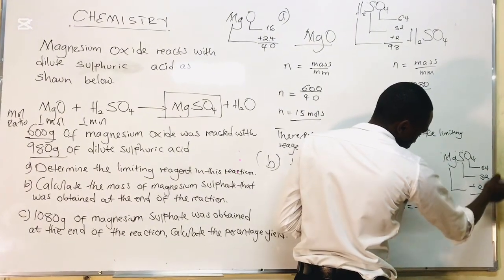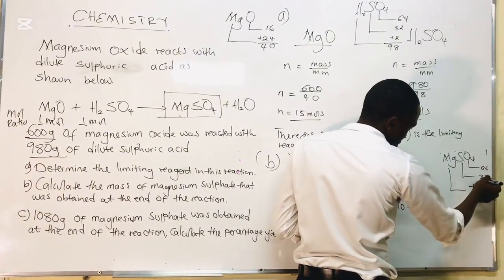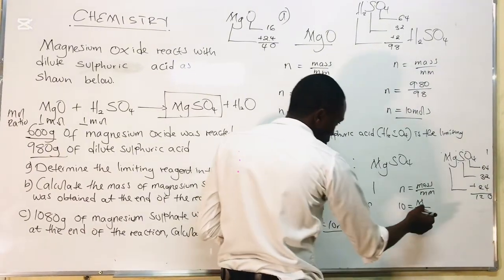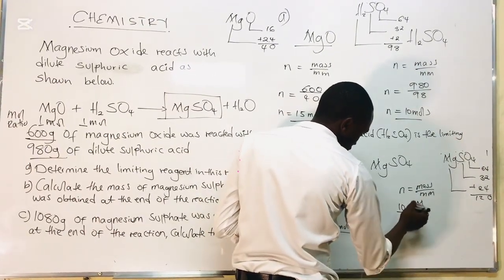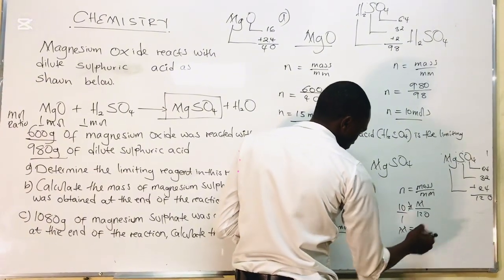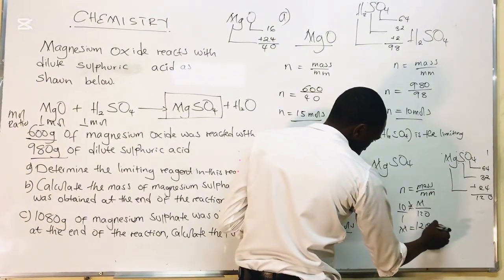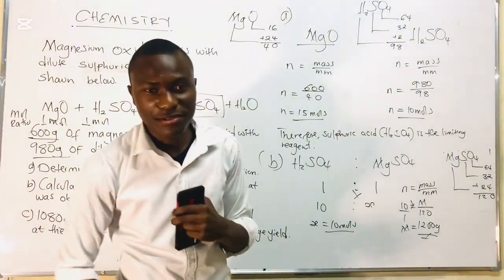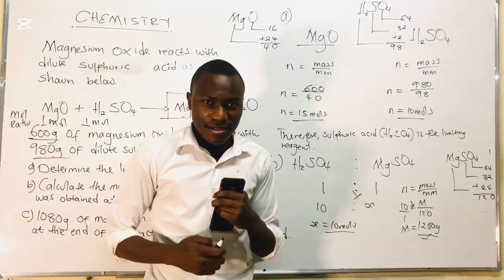So you say 0, remainder 1. 6 plus 3, 9, 10, 11, 12. So you get 120 there. Now when you cross multiply, the mass of magnesium sulfate will be equal to 1,200 grams. 1,200 grams.